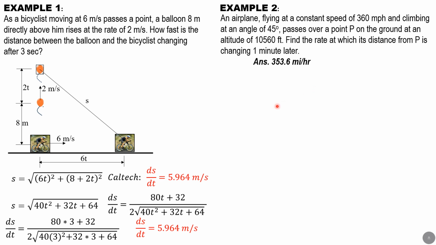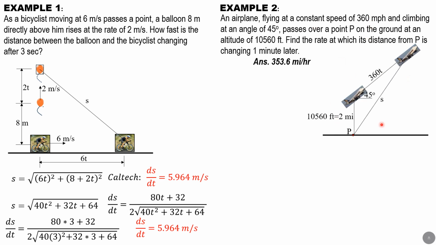And at that instant, the plane is inclined 45 degrees and moving at 360 miles per hour. So this is the situation. This is point P. This is 10,560 feet, or 2 miles, because 1 mile is 5,280 feet. And this angle is 45 degrees.